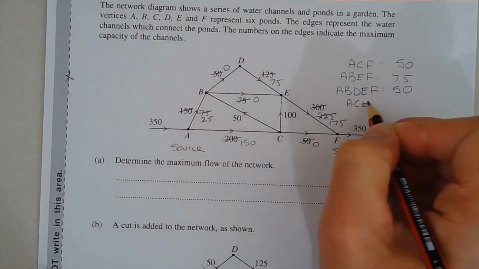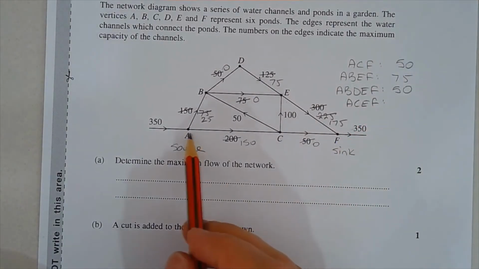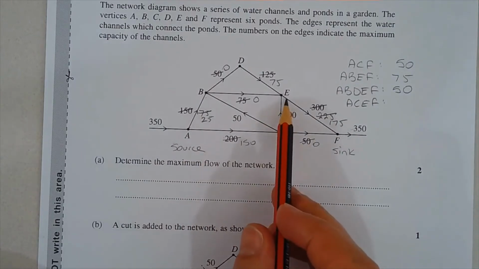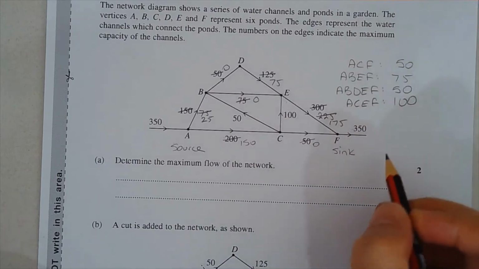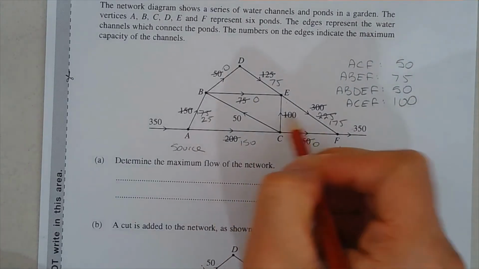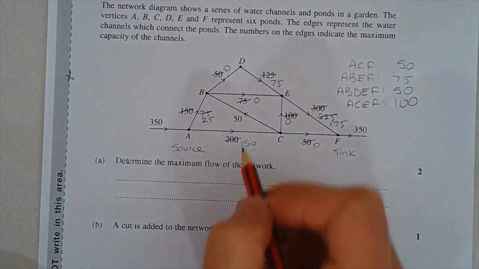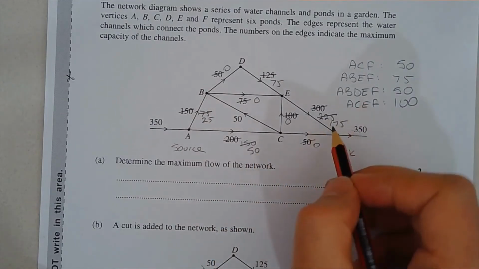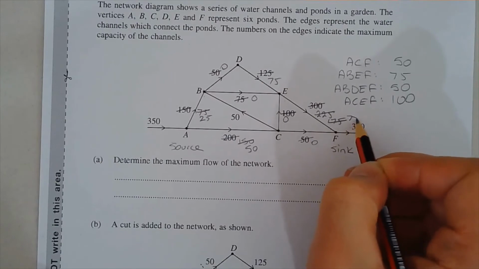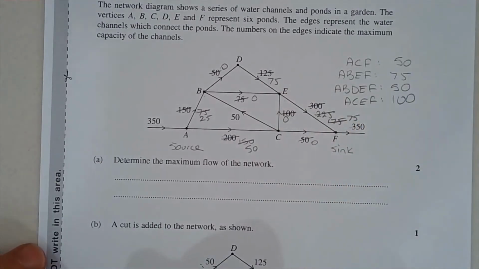A, C, E, F. And we've got 150, 100, and 175. So that's 100. So if we subtract 100 from everything, that'll make it 50 there, and EF, that'll make it 75. Okay. And I think that's it.